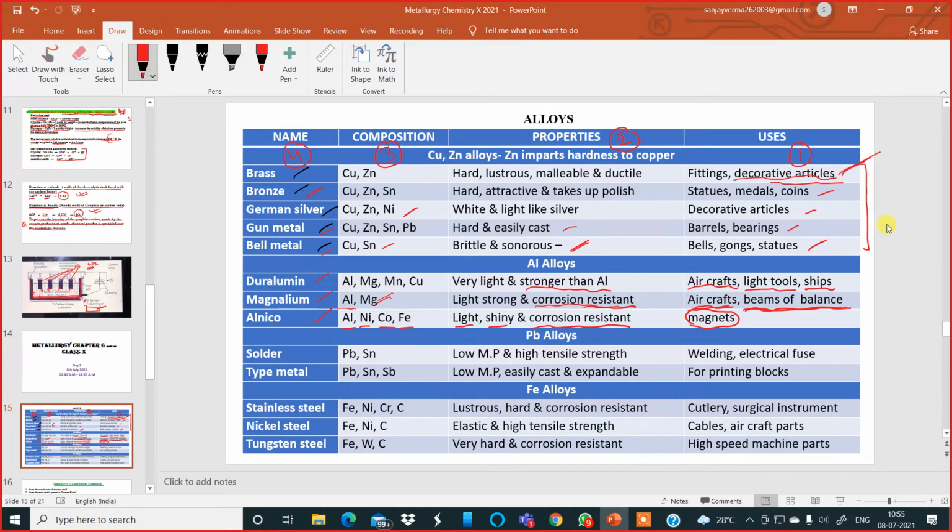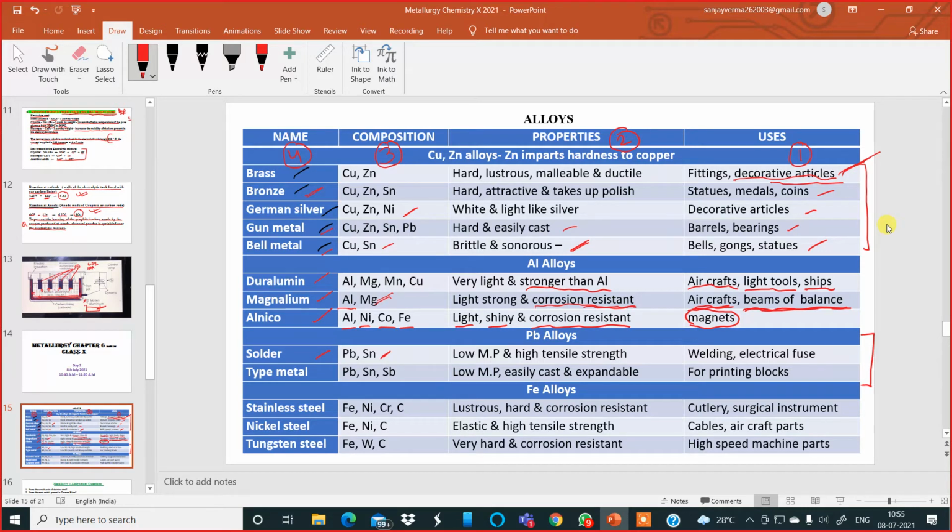Then the next alloy is alloy of lead. The first one is solder. Solder is an alloy made up of lead and tin. When you join two metal pieces together, we use soldering rods, soldering wires. It is used in welding, joining two metal pieces or joining two wires together.